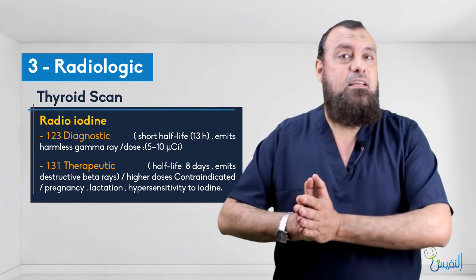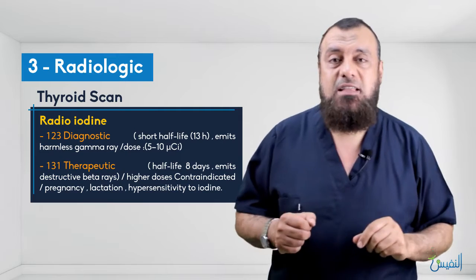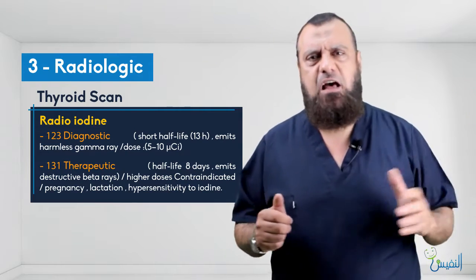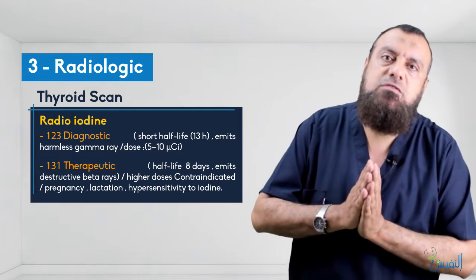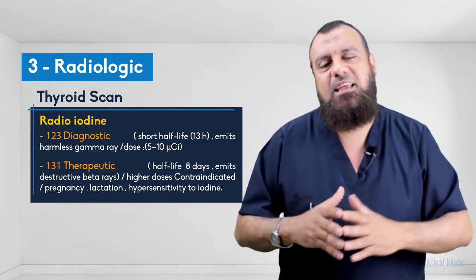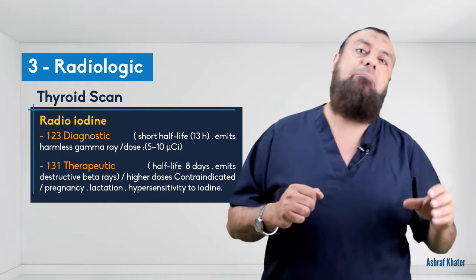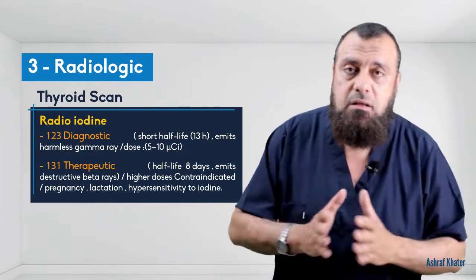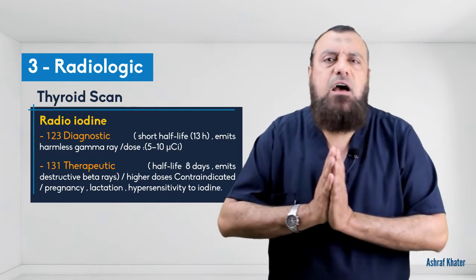But the 131 emits beta irradiation, which is destructive for the follicles, and its half-life is nearly several days, so it is mainly used for ablation in cases of toxic goiter, mainly Graves' disease, or ablation in a case of cancer of the thyroid gland. This is about the radioactive iodine.